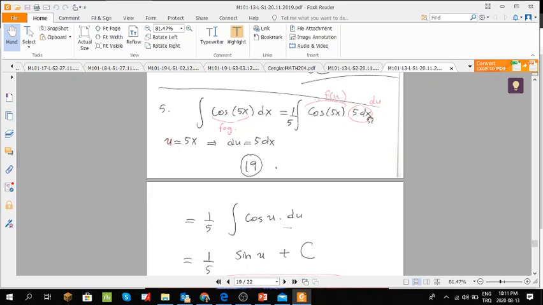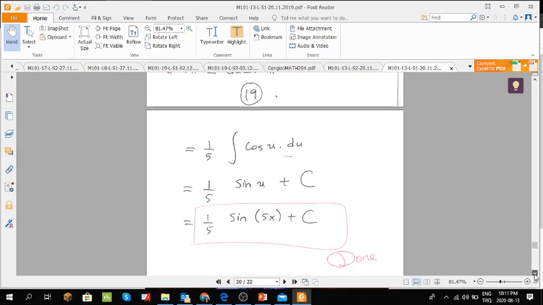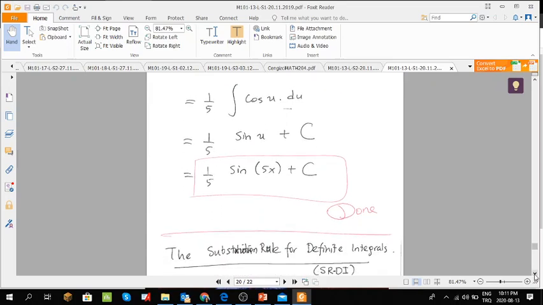The value of the integral doesn't change. We get 5 dx is du, and 1 over 5 integral cosine u du, and the antiderivative of cosine is sine u. Don't forget to put plus c at the end, and write back in what u is, and we get 1 over 5 sine 5x plus c.